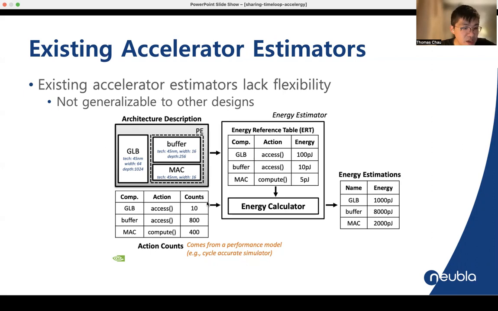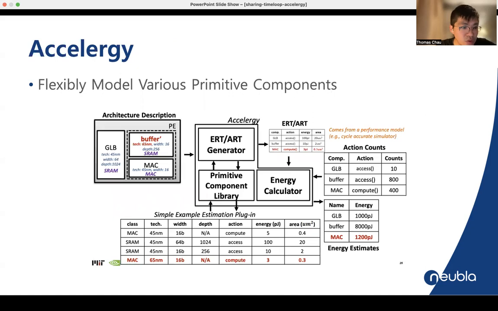The downside of this estimator is that if the technology changes, then the corresponding ERT does not generalize to a new design, and you have to rerun the whole process, which is not flexible. In order to address these issues, Accelergy supports modeling of diverse architectures with various underlying technologies.